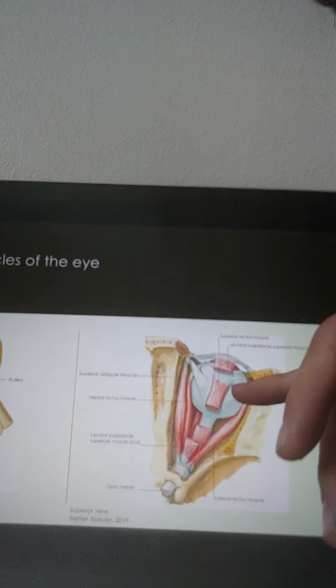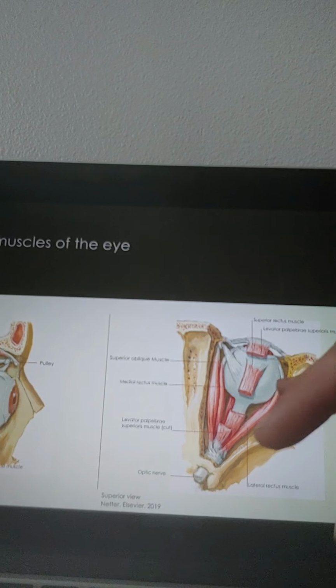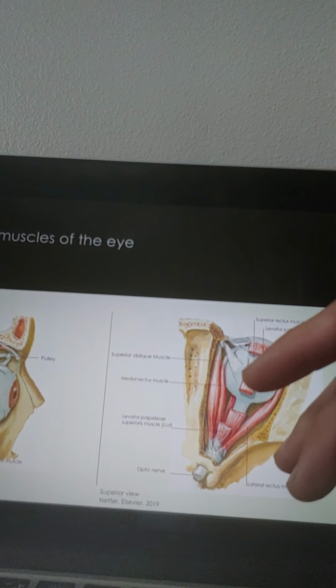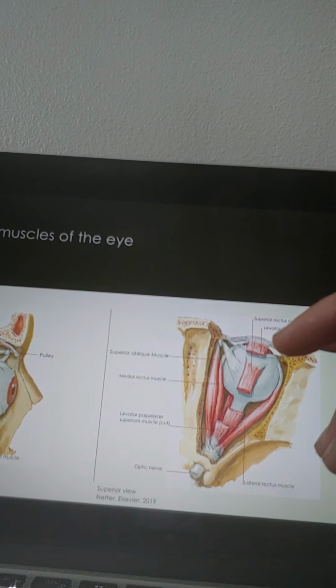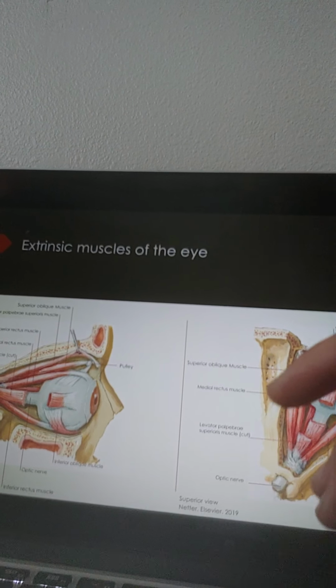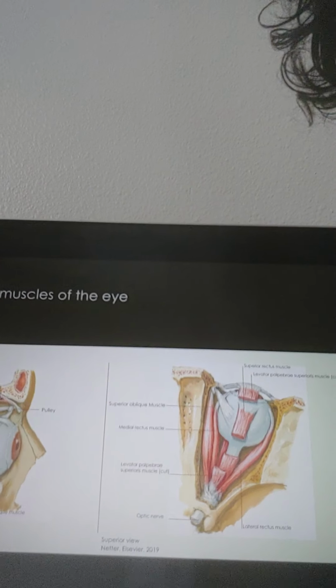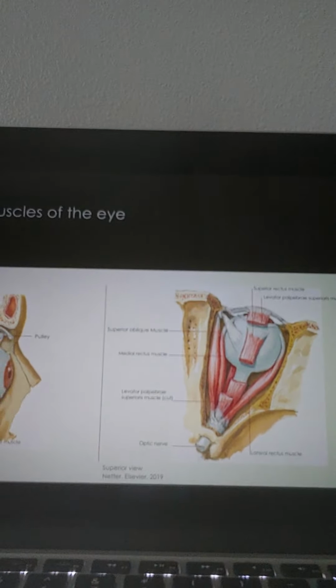Here's another superior view. You can see that there is this levator palpebrae superioris muscle that goes across the top of your eyeball, holds it up there.